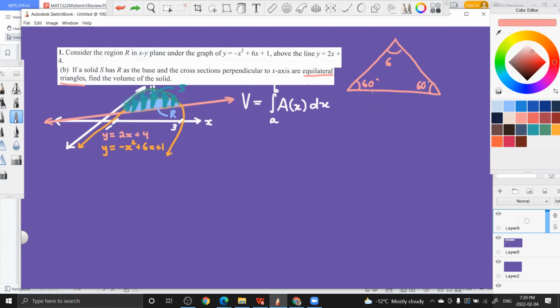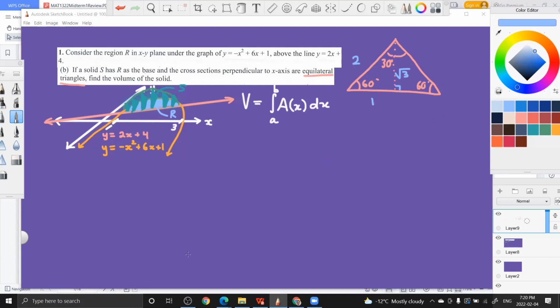But instead of doing 60, I'm just going to divide it in half like this, and then we can say that this is 30 degrees, and this one is also 30 degrees. If you remember from high school, the ratio of the sides of this triangle is 2, 1, and the square root of 3. That's the ratio of this triangle.